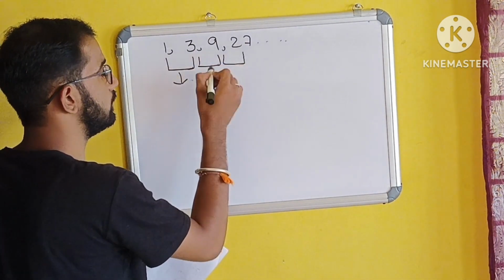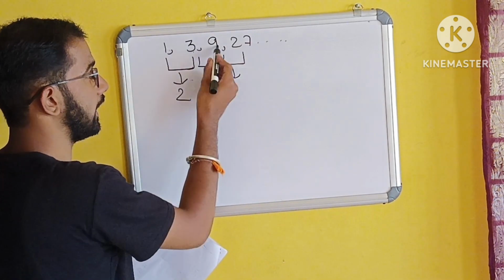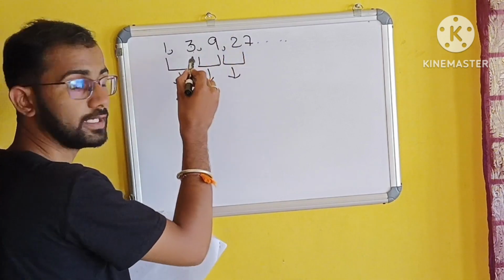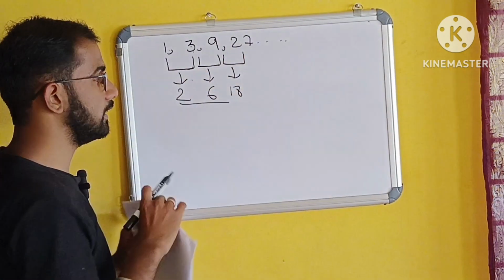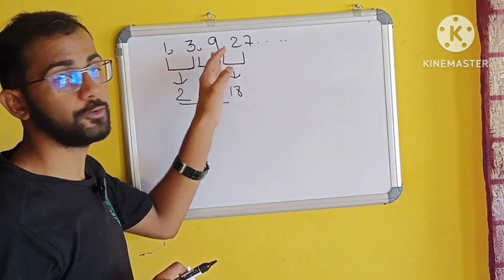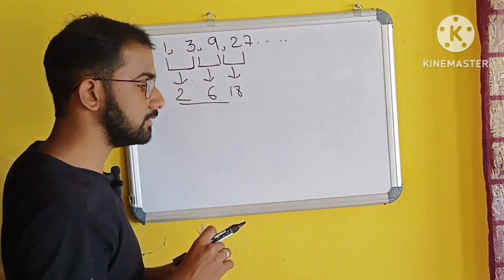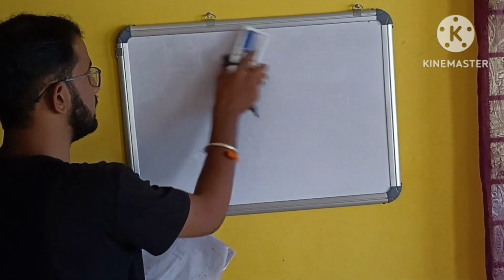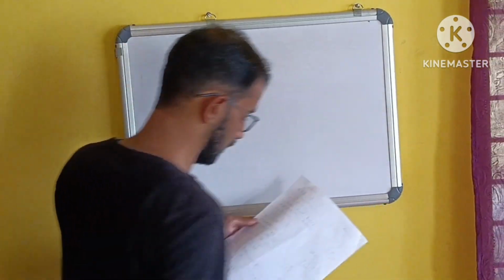Stepwise, if we solve the difference, 3 minus 1 is 2, 9 minus 3 is 6, 27 minus 9 is 18. So the common difference between the consecutive pairs is not the same. Hence, this is not an arithmetic progression. So let's move on to the next example.